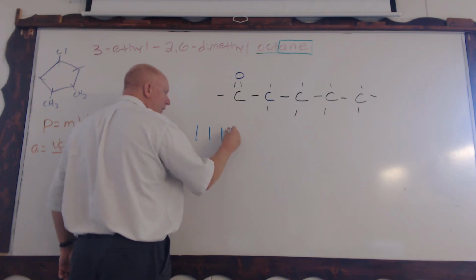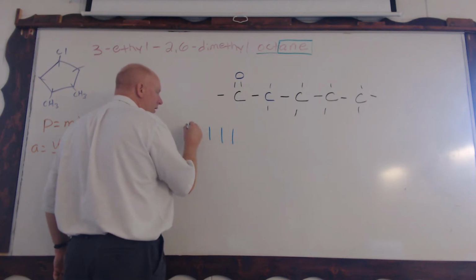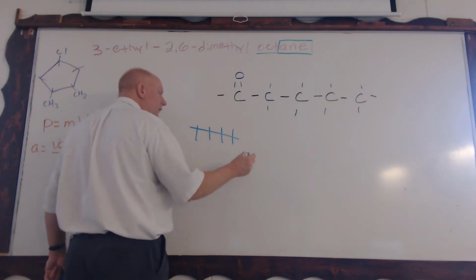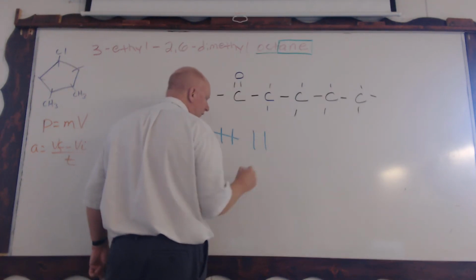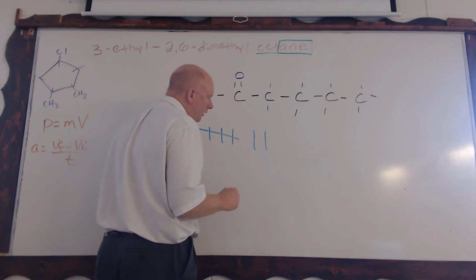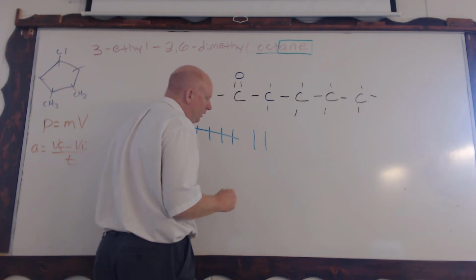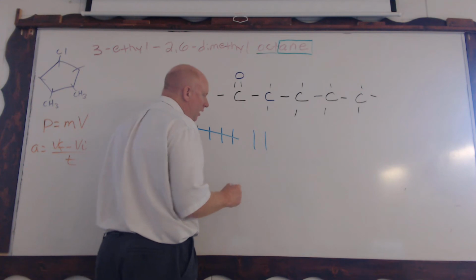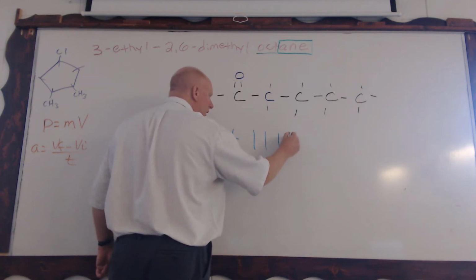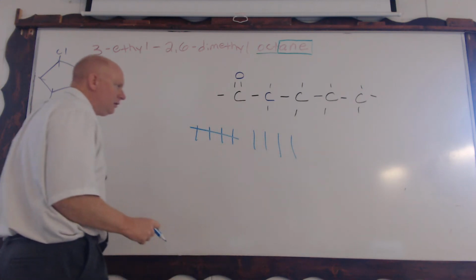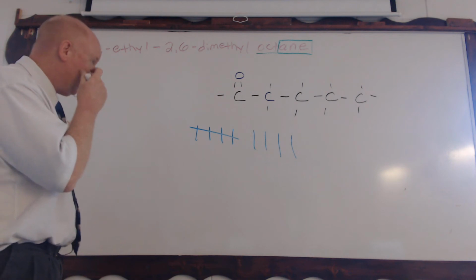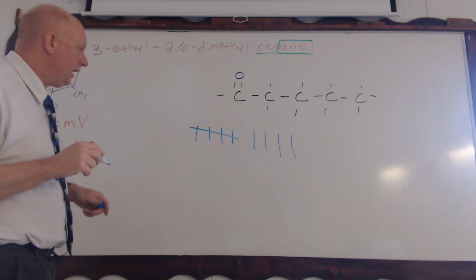Then alcohol, acid, ether, ester. What am I skipping here? I did acid already. Ketone, aldehyde. I think that's all of them. So yes, those would be your 9 organic families.